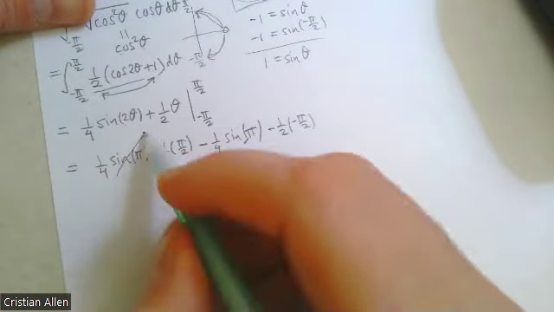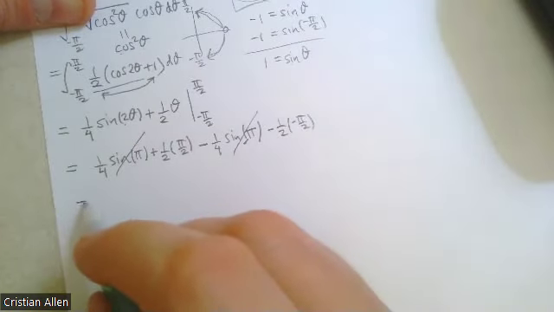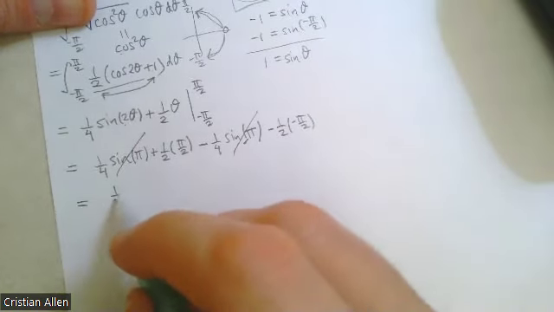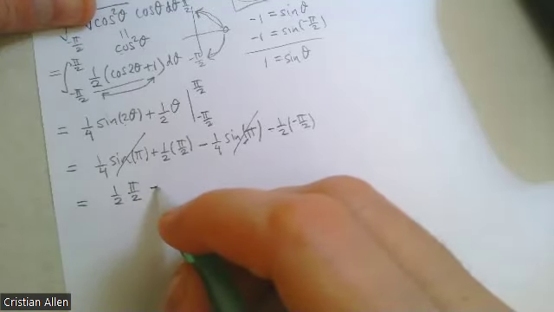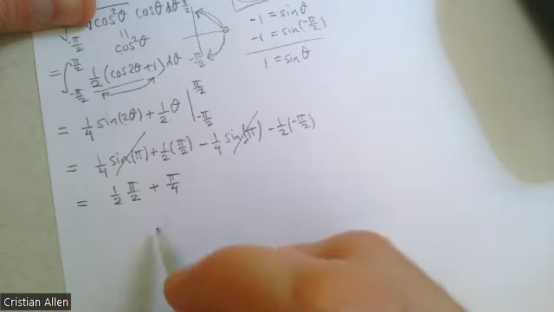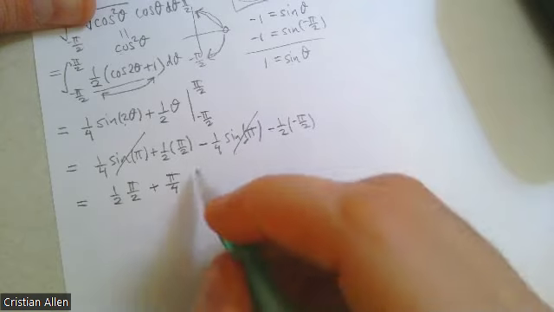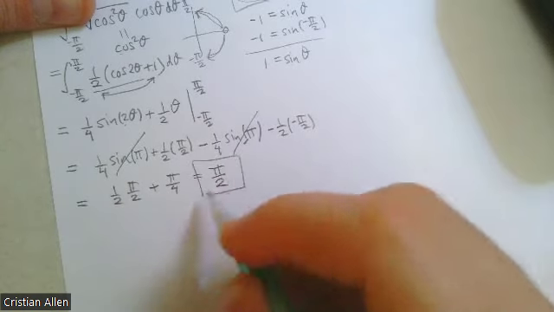Now, sine of pi is 0 and sine of negative pi is 0. So what we have is 1/2 pi over 2 plus, okay, we can go ahead and call it even with pi over 4, so that this is all looking like pi over 2. And that concludes that one.